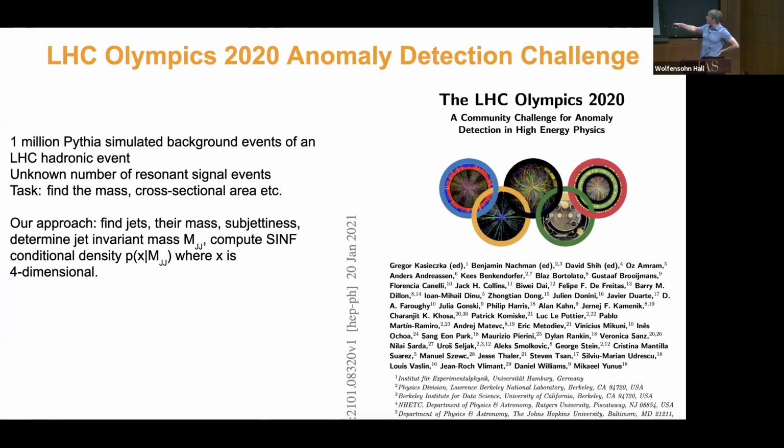So what we did was we ran a jet finder, we found jets, we reconstructed their masses. And then our approach was, let's do the density estimation in this 4-dimensional space, as a function of the fifth parameter, which is the invariant mass. And let's see if we have some excess density relative to neighboring bins in terms of mass.